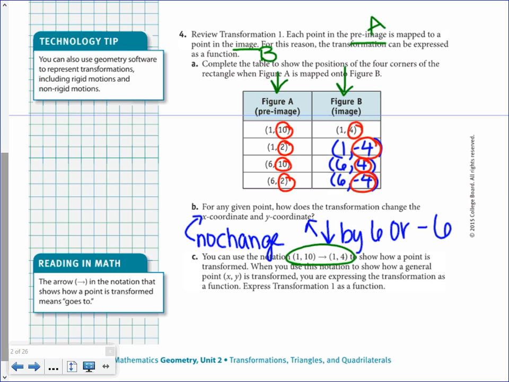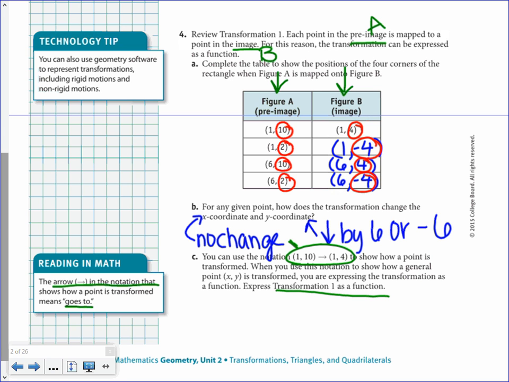This particular book calls it a transformation, one as a function. So you write it as a function. You're not going to have f of x, for those of you that are familiar with functions, but the way that you write it looks similar to this notation. Over here on the left, you can see the arrow in the notation means goes to.